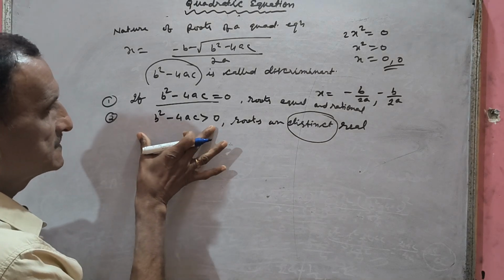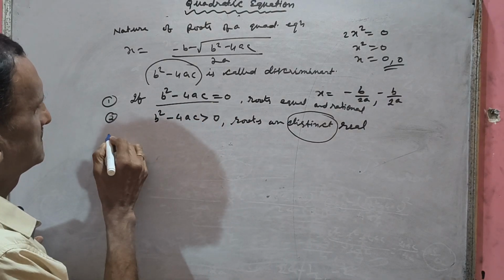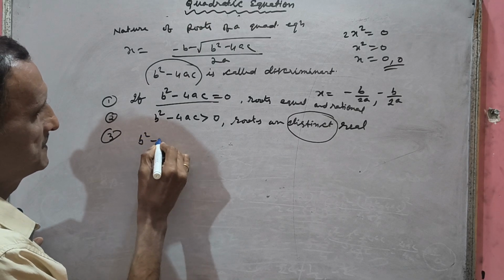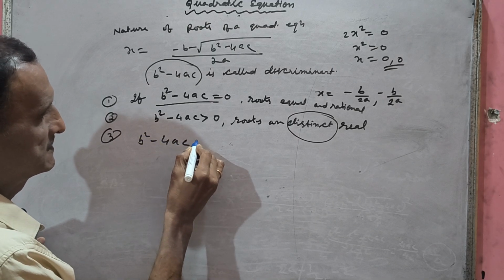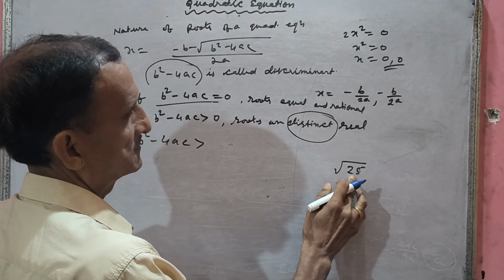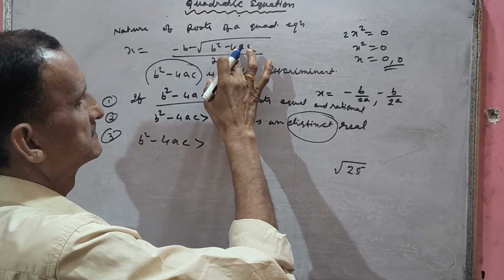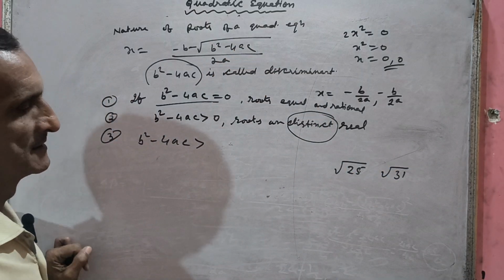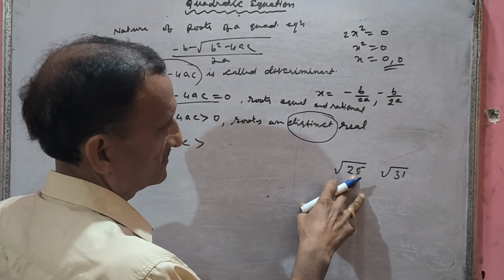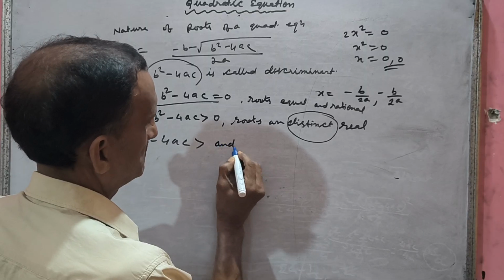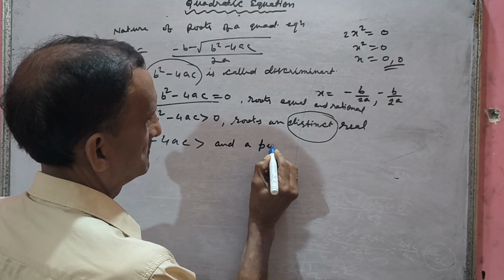Now, if it is greater than 0, then again there are 2 conditions. If b square minus 4ac is greater than 0, and under the root it can be like this also. So what is this? Perfect square. This is not a perfect square. So take the first one, a perfect square.